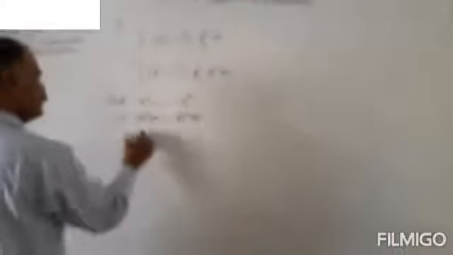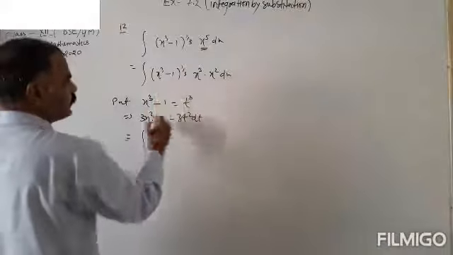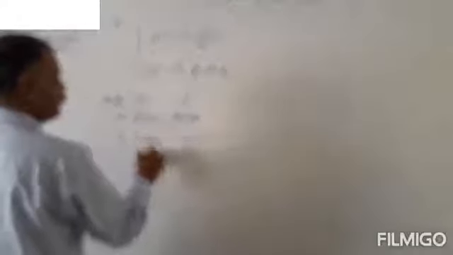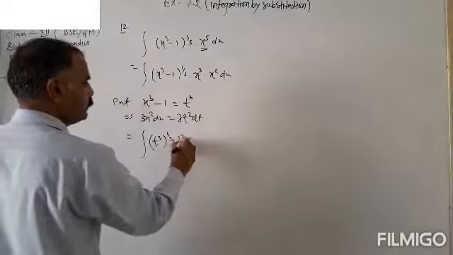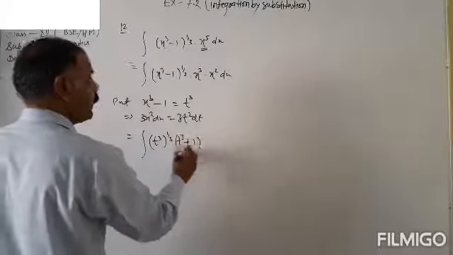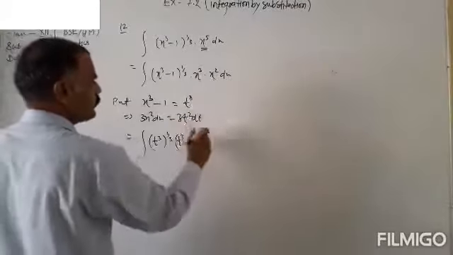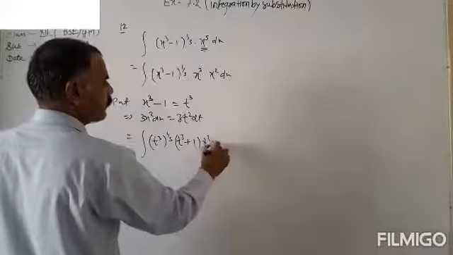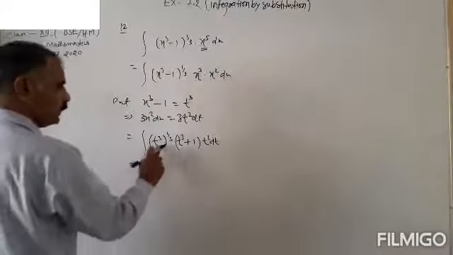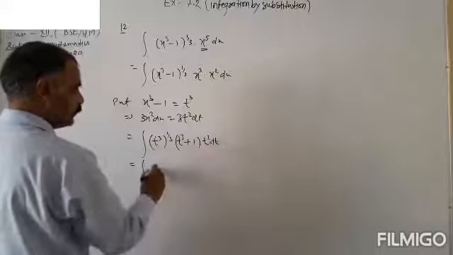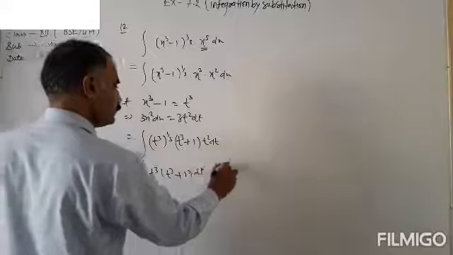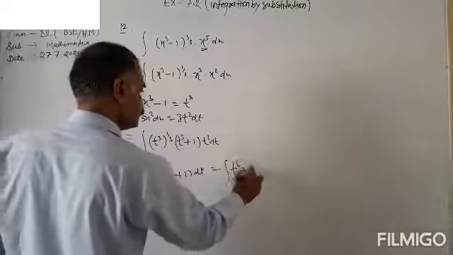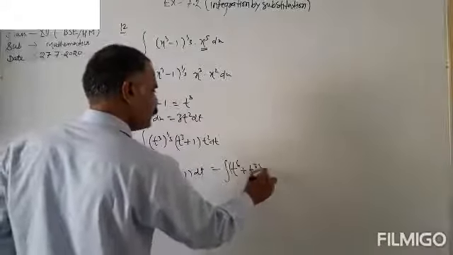Now the integration becomes t to the power 3 to the power 1 by 3, x to the power 3 that is t to the power 3 plus 1, and x square dx that is t square dt. So this is equal to t and t square, t cube into t cube plus 1 dt. So this is equal to t to the power 6 plus t to the power 3 dt.